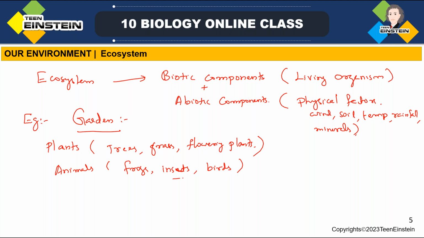You see these daily around you. So here, all the living organisms interact with each other. The plants are living, the animals are living, and all these living organisms are interacting with each other.